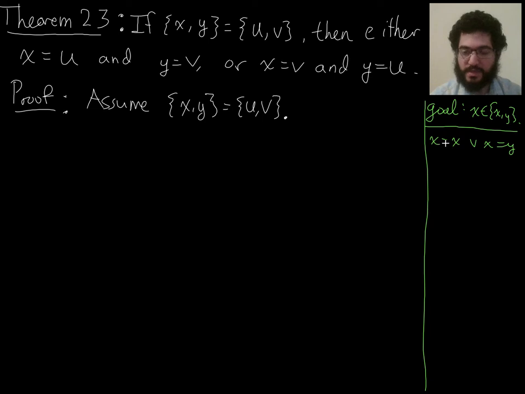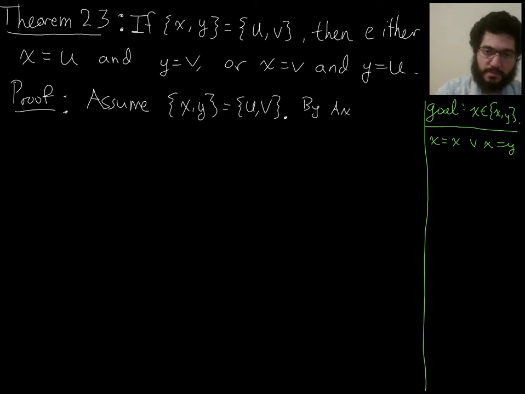And how would I prove this? Well, I already know that one side is true, x equals x. That's by axiom 1. So by axiom 1, x equals x. So x equals x or x equals y.